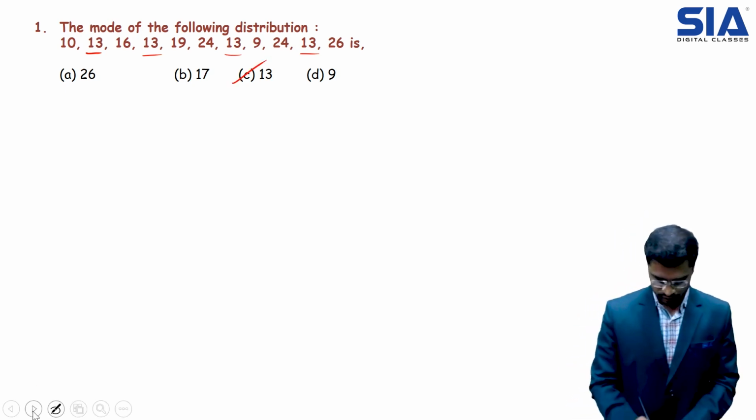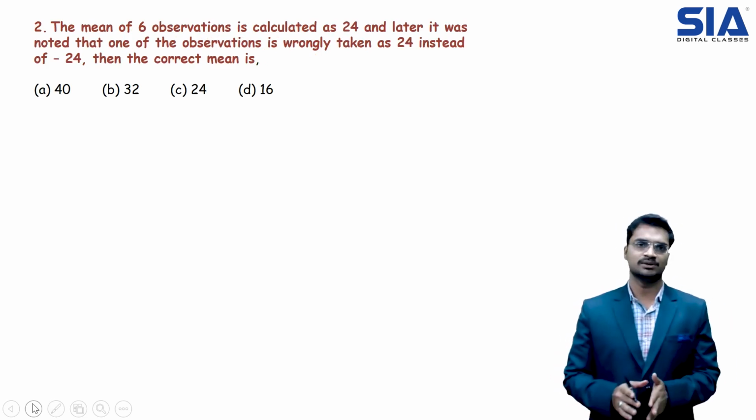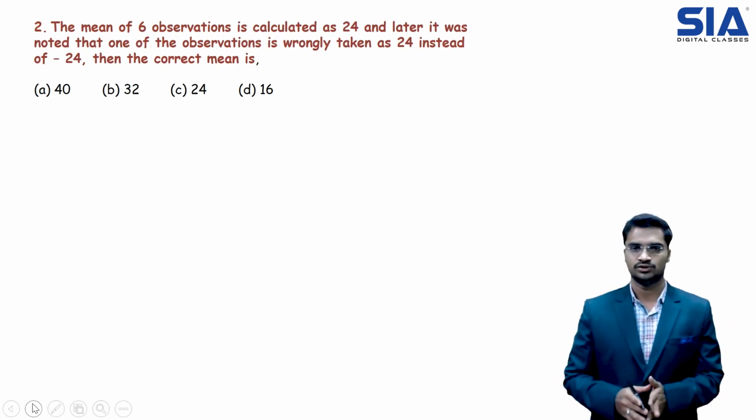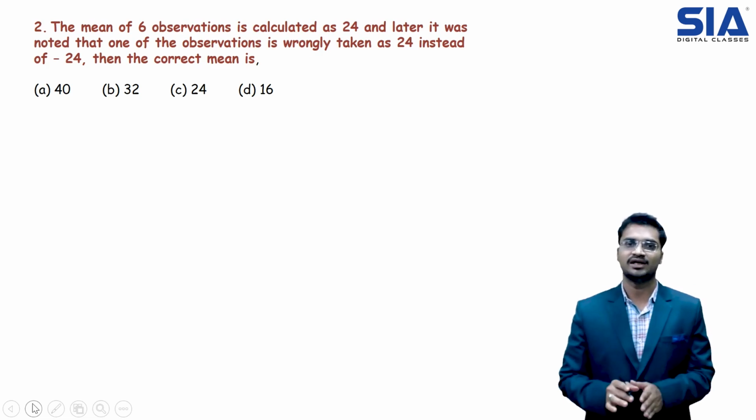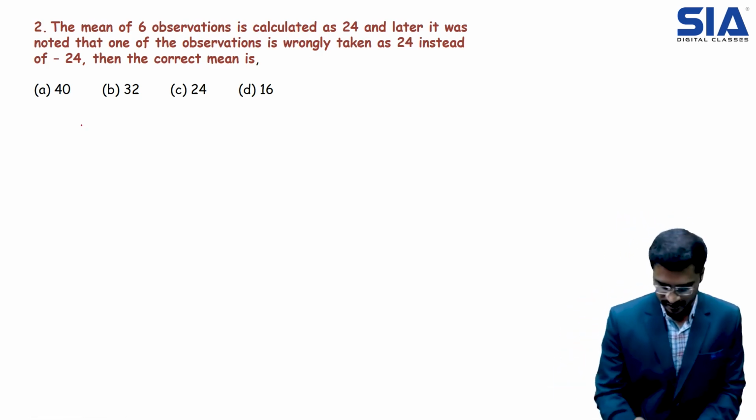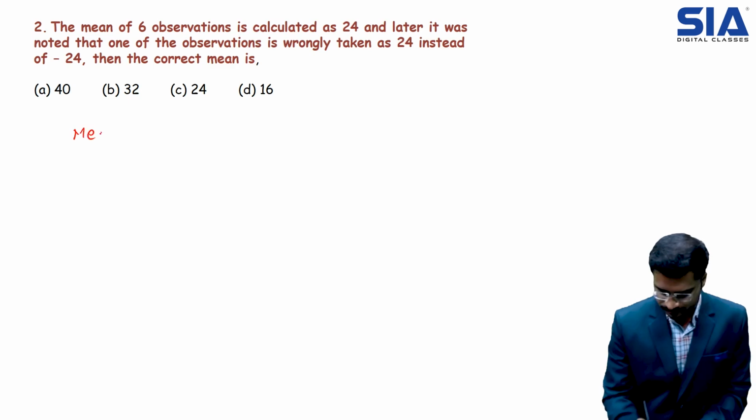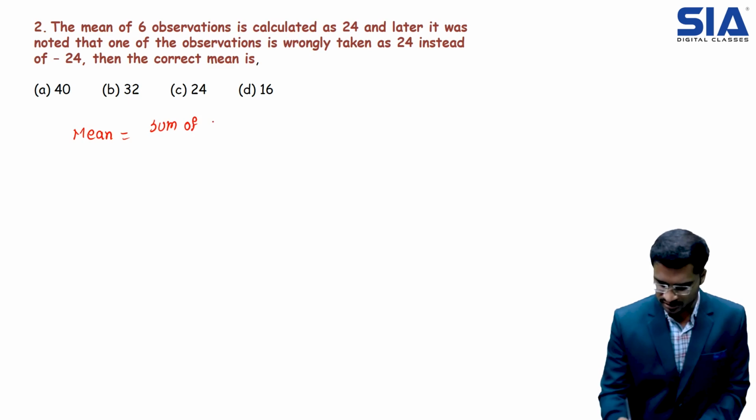Now coming to the next question, which is the mean of 6 observations is calculated as 24. First of all, what is mean? Mean is nothing but the sum of the observations divided by the number of observations.